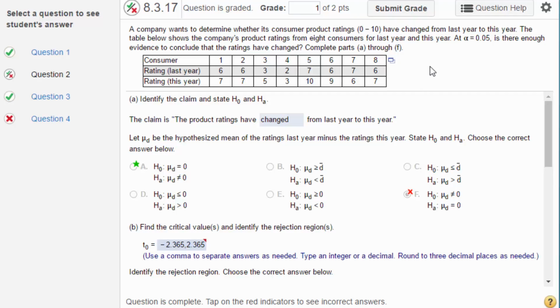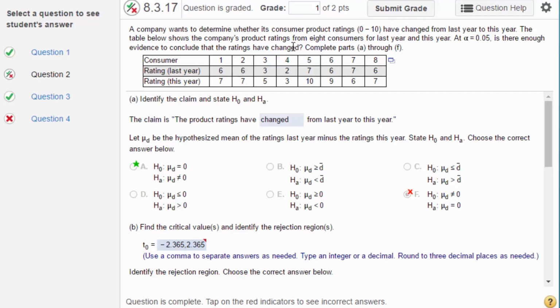The first thing we have to do with every hypothesis test is identify the null and the alternative and decide which one is the claim. In this case, we're talking about consumer ratings for last year and this year. The company wants to know, can you conclude the ratings have changed? If they've changed, that means the difference is not equal to 0.